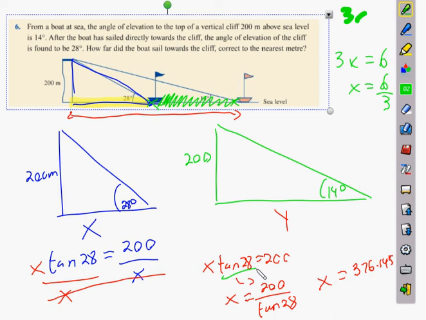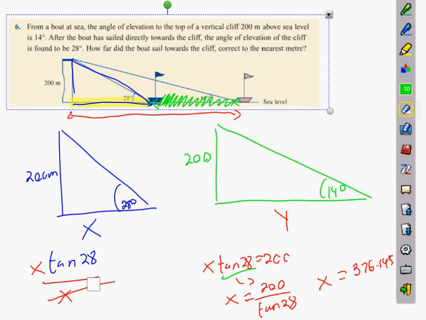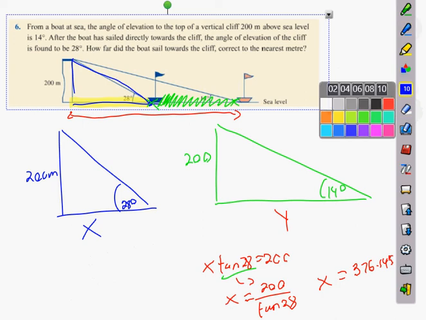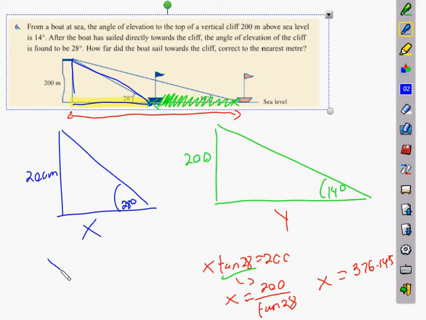Okay, so what we have next is, we've done the first one, now we've got to do the second one. And in the second one we're using y. So we're going to have y, sorry, tan 14 equals 200 over y.